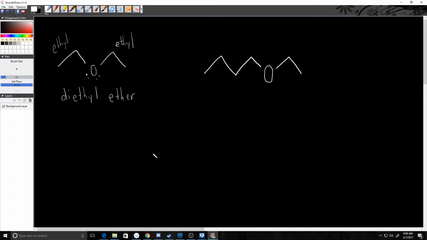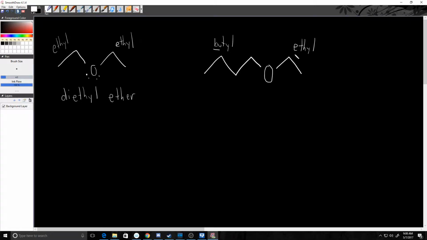Pretty easy. All right, so if I go over to this one here, I have 1, 2, 3, 4 here, so I have a butyl over here. 1, 2 here, I have an ethyl here. And then just like we did with the functional groups on carbon chains, we went in alphabetical order with what the group started with. We're going to do the same here. And so in this case, where did my mouse go? There it is.